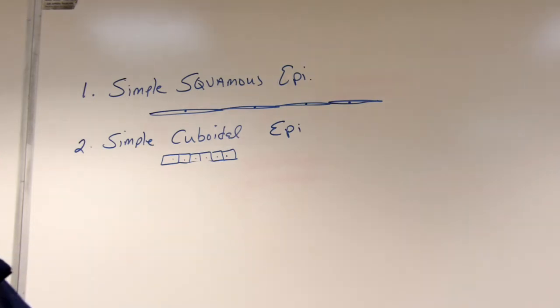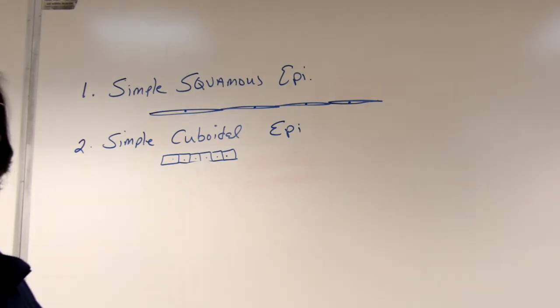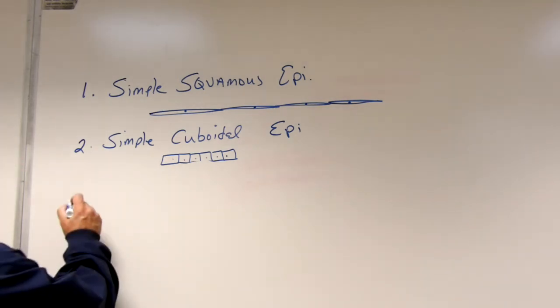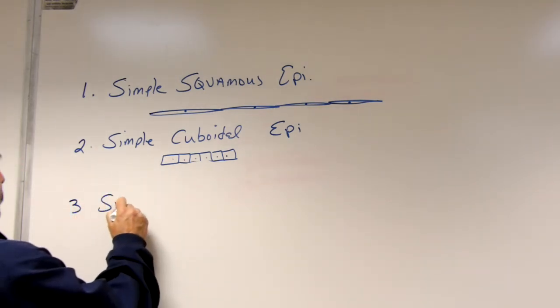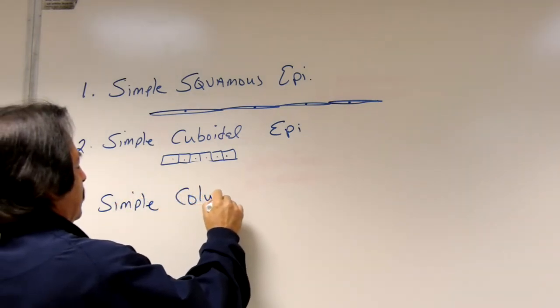Single layer, but since there's a little bit more pressure, a little bit more need for resilient cells, we go from squamous to cuboidal. All right. Number 3, simple columnar epithelium.